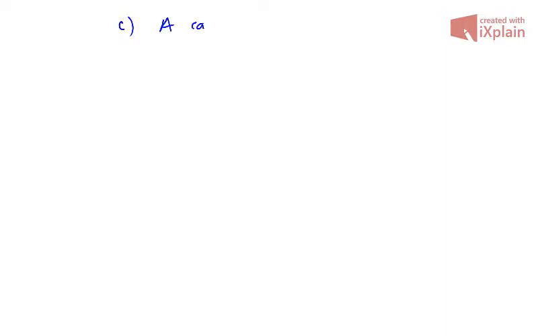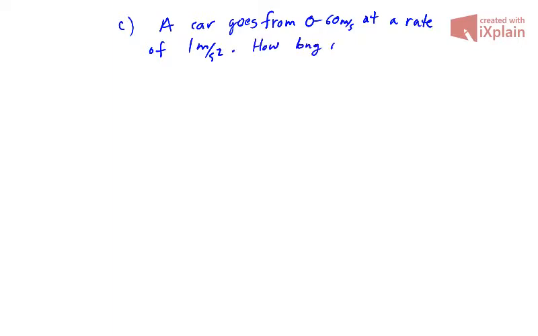A car goes from 0 to 60 meters per second at a rate of 1 meter per second squared. How long did this take?